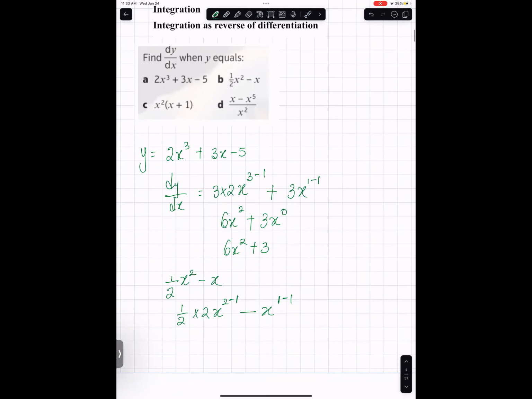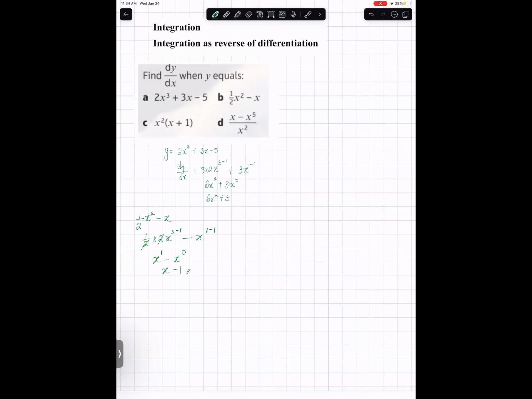So I have 1 over 2 times 2x, and the 2s cancel out. We have x minus x to the power of 0. So x to the power of 0 is 1, giving x minus 1. That is how to differentiate your equation with respect to x.